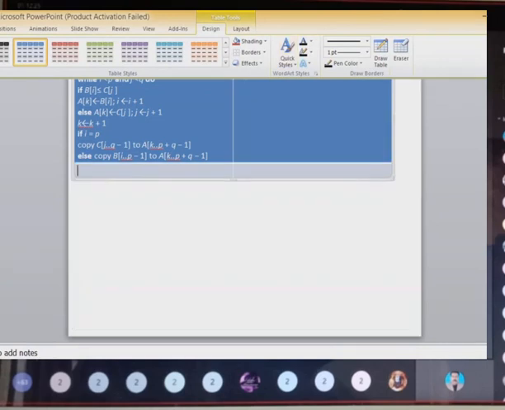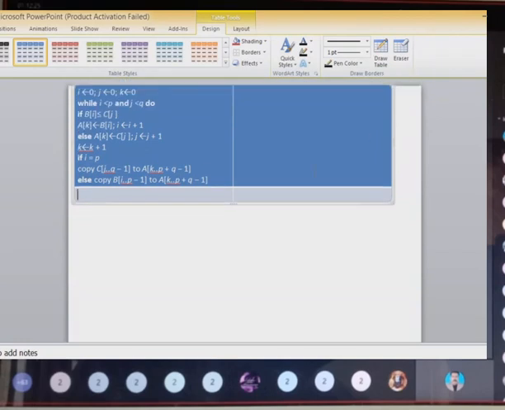Our example is 10, 20, 30, 40, 50, 60 up to 70. In the pseudocode, initially i equals 0, j equals 0 and k equals 0, right? Next, the condition is while... before that, one more thing.